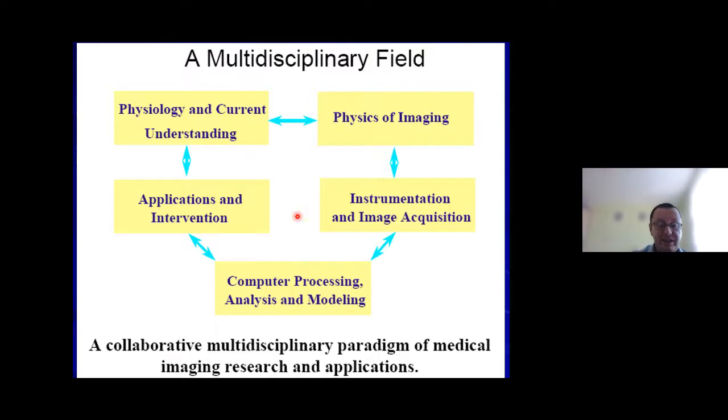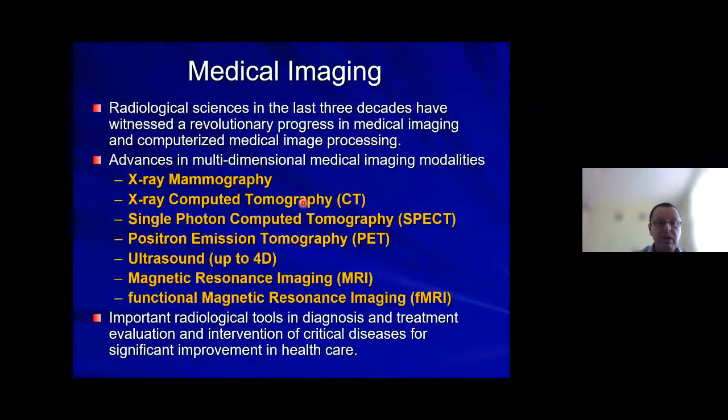It gives us information and knowledge for creating a diagnosis, creating a treatment plan, and applying it to the patient, and we come to a new level of understanding of physiology and anatomy, and the loop is repeated again and again.